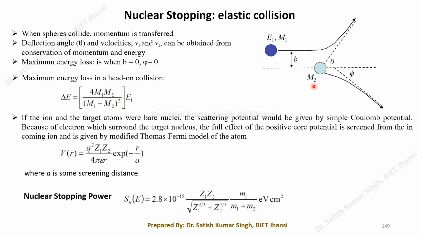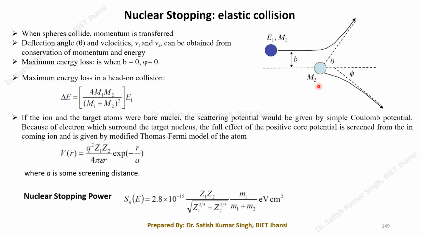Generally our ion is traveling, so it has a certain energy due to its kinetic energy, its motion, and normally we consider the nucleus as a stationary entity. So this particular nucleus will be the stationary particle.